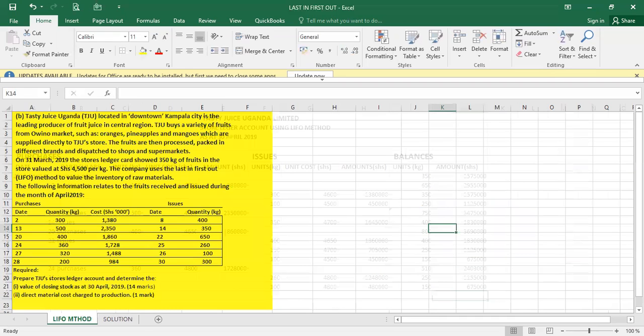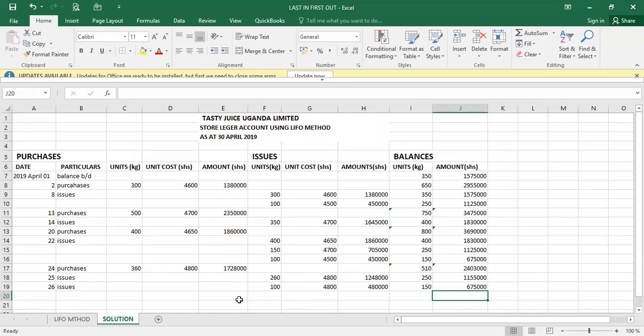So we go to the 27th, we are purchasing. We purchased 320 at 1,488,000.